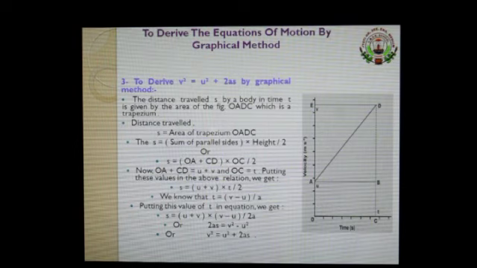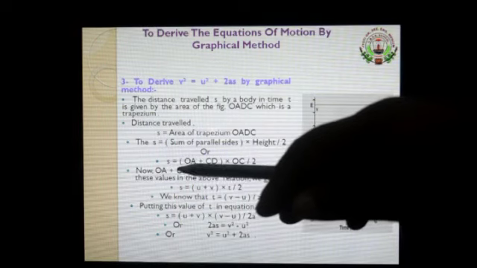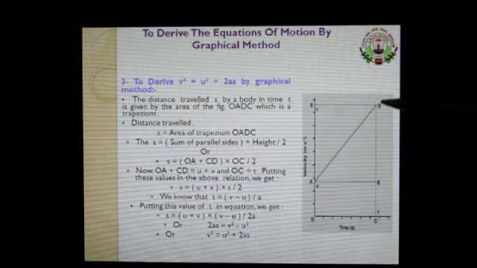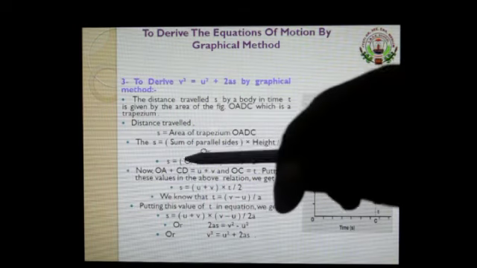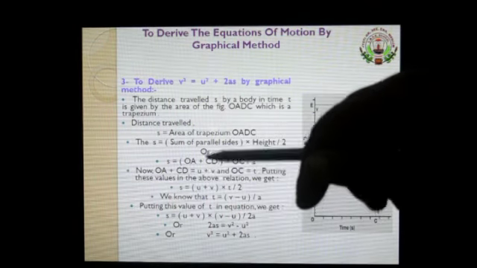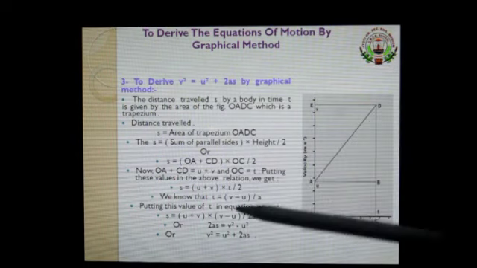So here the parallel sides are OA and DC, and the height is equal to OC. OA is the initial velocity u, and DC is equal to the final velocity v. Now the distance travelled s is equal to (OA plus CD) into OC divided by 2.